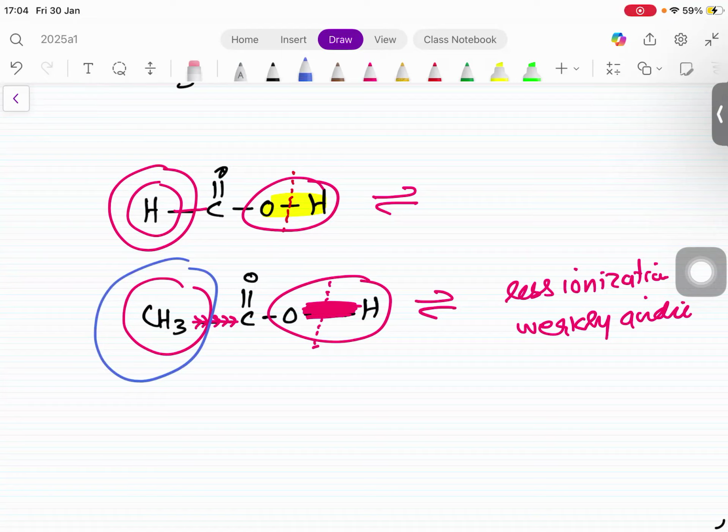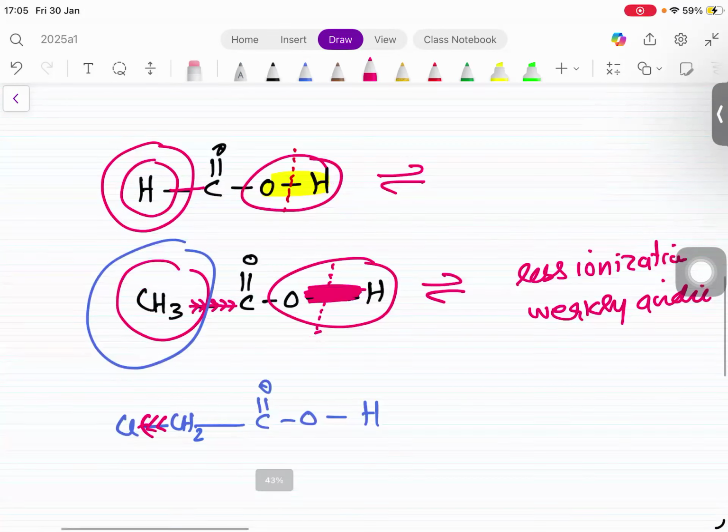If it is like this, Cl, CH2, C double bond O, OH, then this Cl is an electron withdrawing group. So it pulls the electrons towards itself. This is called chloroethanoic acid.